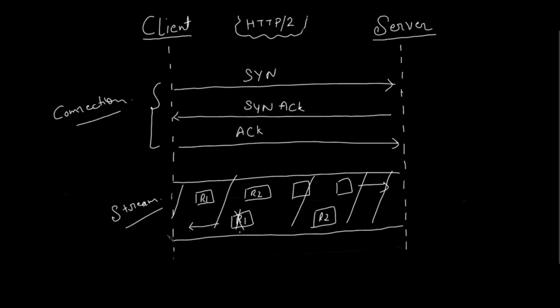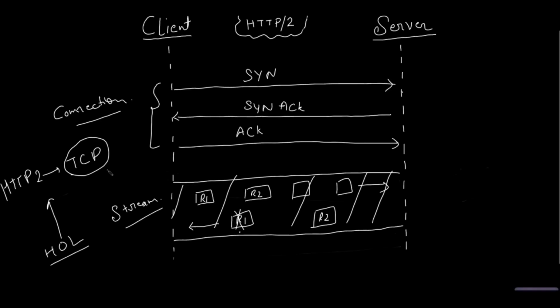So that way, this is again a head of line blocking, but now it's not on the HTTP layer, it's on the TCP layer. Because of this TCP, the transport layer protocol that we are using as part of HTTP 2, we are not able to process multiple responses out of the sequence.